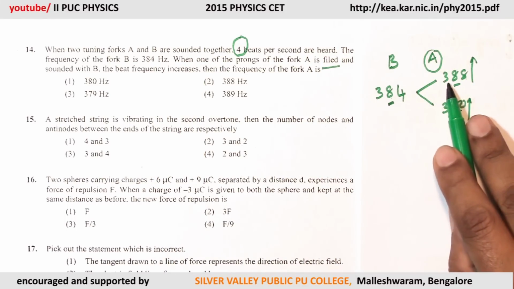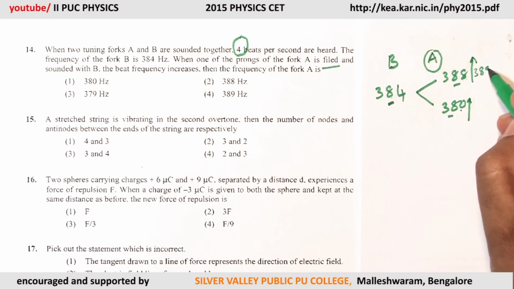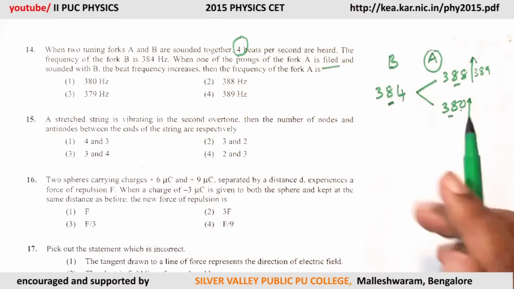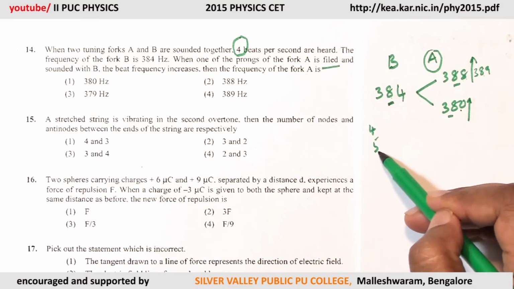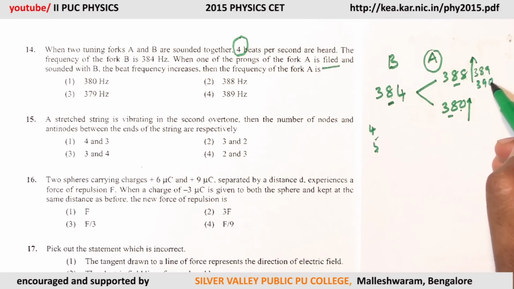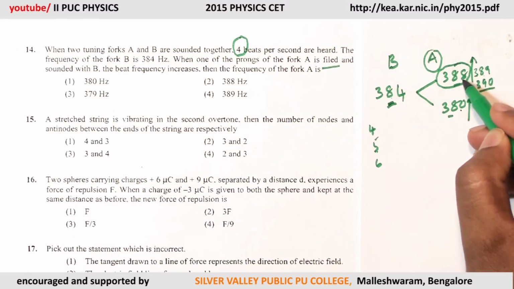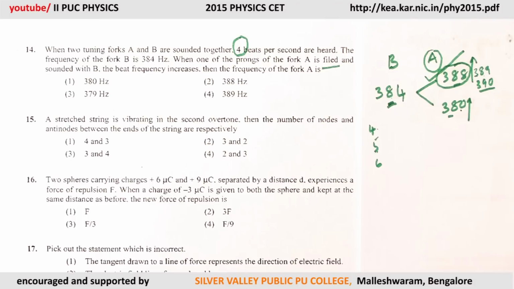Suppose 388 has become 389. What is the difference? 5. Earlier it was 4, now it is 5. Suppose the frequency is 390, then the difference is 6. So if we assume the frequency of A was 388, after filing the beat frequency increases, meaning 388 is the answer.